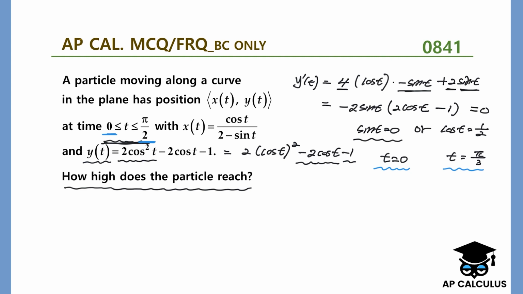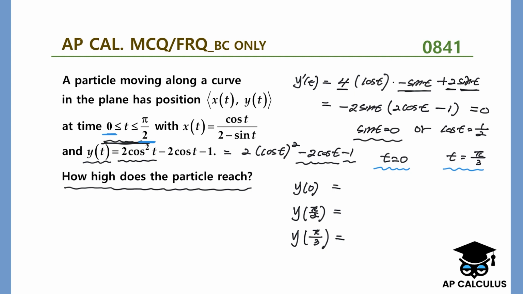So let's find the value of y at the endpoints, y of 0 and y of pi over 2, and find the value of y where y prime is equal to 0, which is y of pi over 3. And we're going to have to find the absolute maximum, the maximum of these three values.